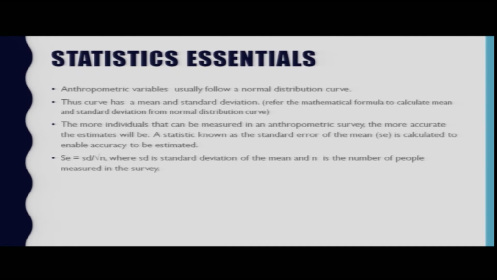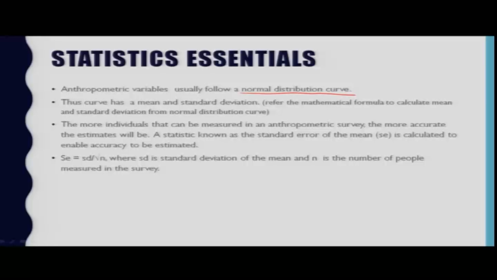As far as statistical measurements are concerned, anthropometric variables usually follow a normal distribution curve. Now we will understand what this normal distribution curve is all about, and its importance in analyzing any anthropometric data captured through measurement of various parts of the body as per the requirement.